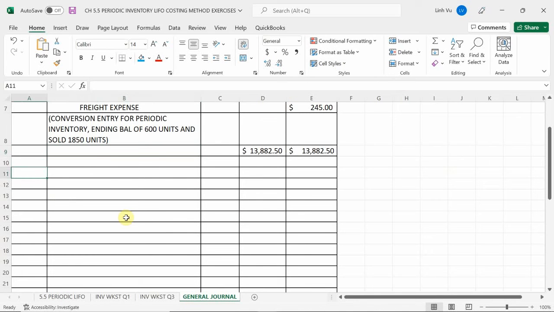So it's May 5th. We purchased 500 units at $6.25 with a freight of 50.